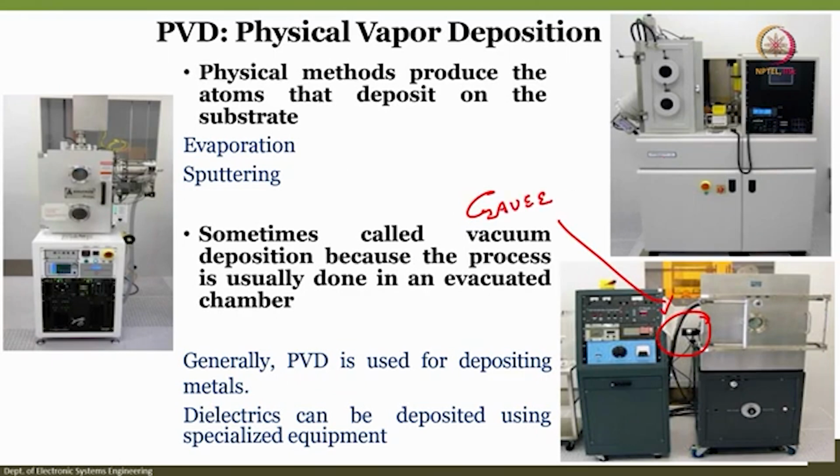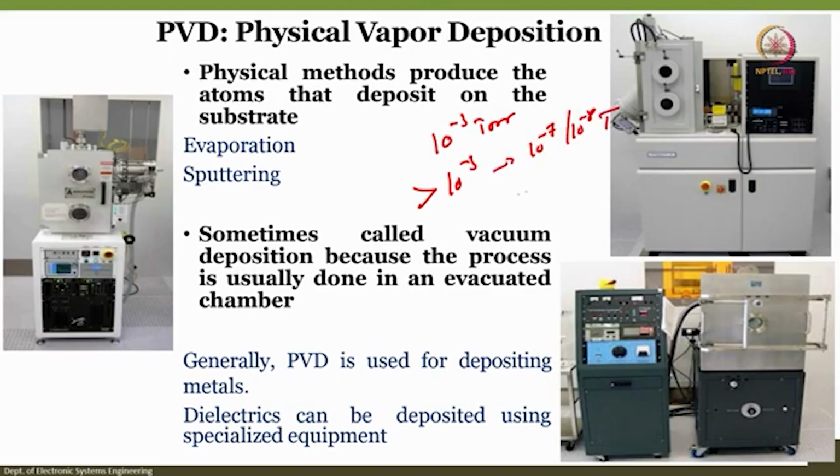There are two gauges, one is called Pirani and the other Penning. The Pirani gauge is used for measuring low vacuum, up to about 10 to the power minus 3 torr, and greater than 10 to the power minus 3, all the way to 10 to the power minus 7 or minus 8 torr, can be measured with the help of the Penning gauge.